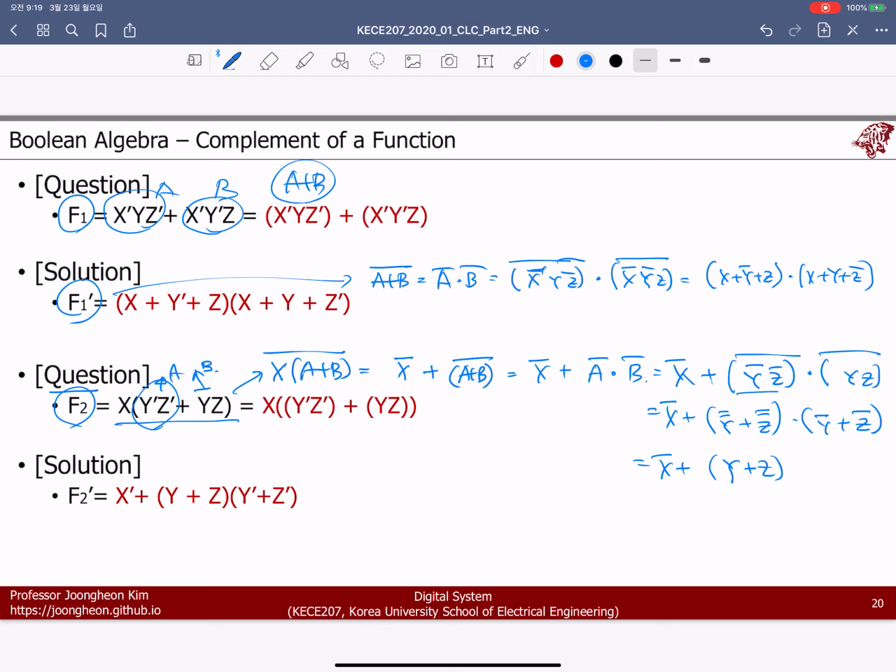That's why this is y plus g, and then you have y bar plus g bar, and that's it. The same with this one. Okay, so it's very easy. You have to be very familiar with this operator, because it's very straightforward. But if you are not familiar with this kind of calculation procedure, then you may make some mistakes during quizzes or exams. That's why you should be well prepared for these kinds of calculations.